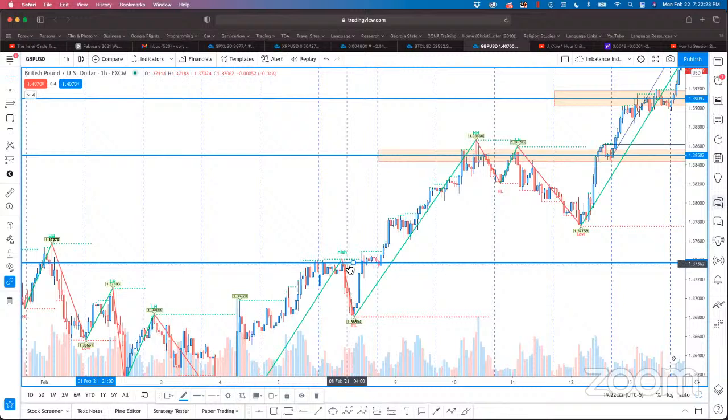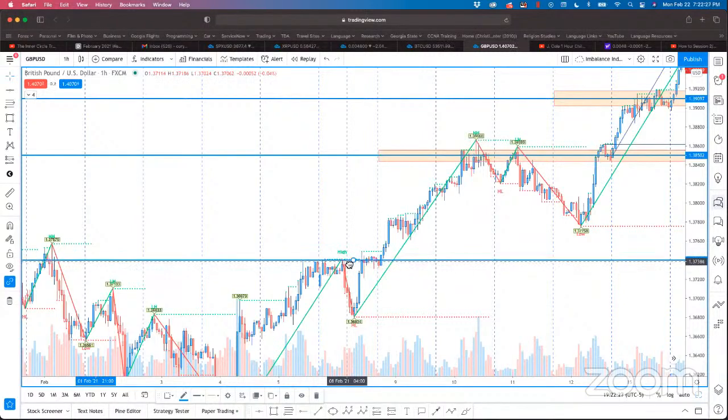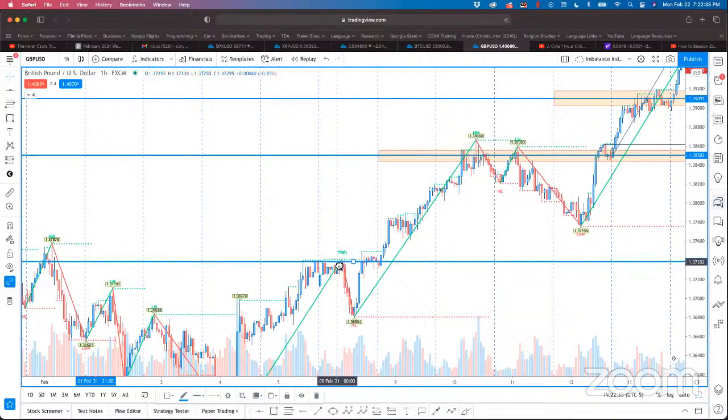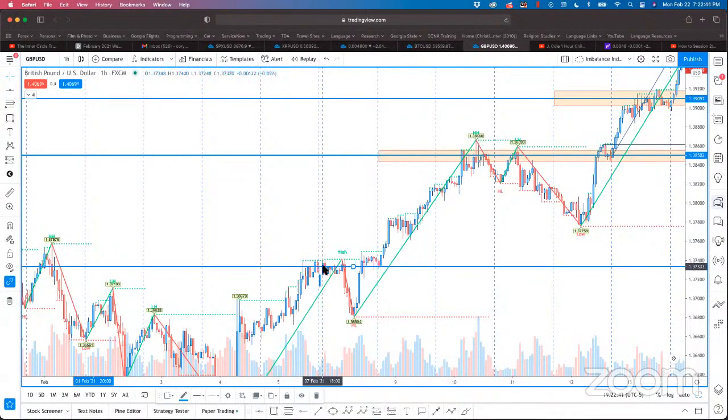And if I want to just be sure that I don't get faked out, I'll add the wicks too. And that would have kept me from being in the situation where, right here, you could have been using the level right here. This broke and closed above, right? So maybe you would have got into this trade right here. Let me zoom in.